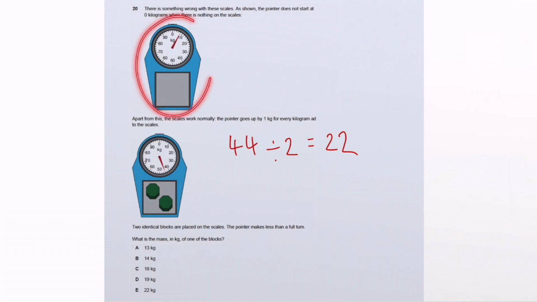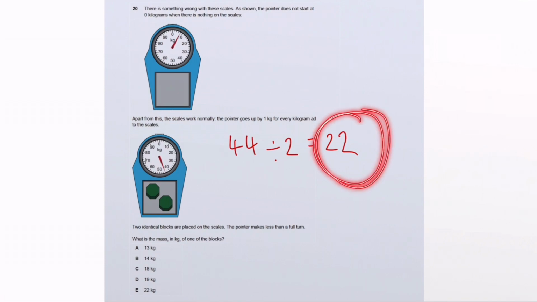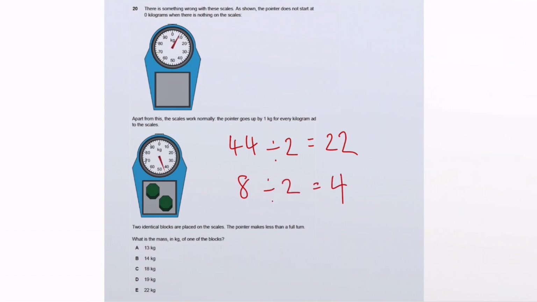And now secondly, from this scale, the fault is that it is 8 kilos heavier when there's nothing on it. So this 22 should be 4 kilos lighter because we have 8 divided by 2 blocks, which is 4.